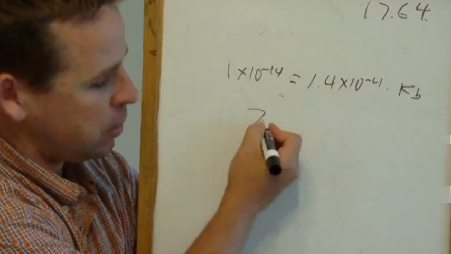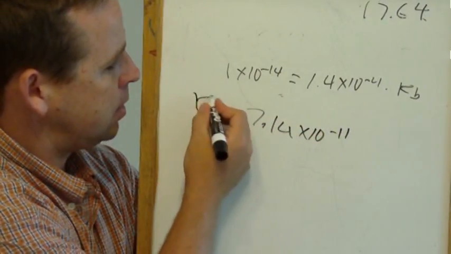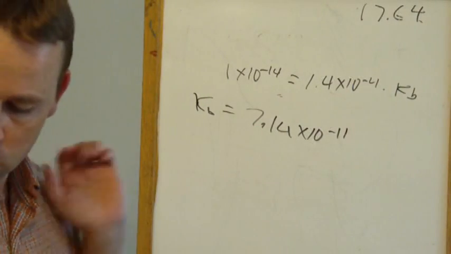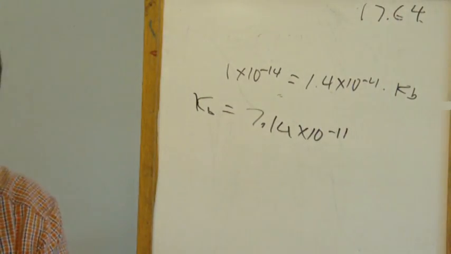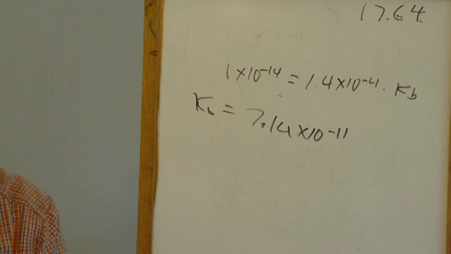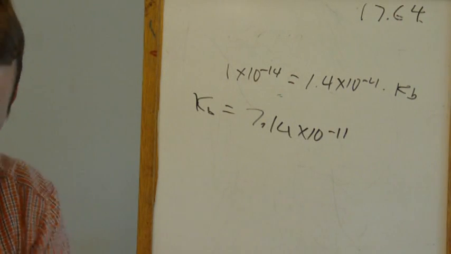So we have 7.14 times 10 to the minus 11. That's the Kb for the lactate. I don't remember them telling us the Ka for acetic acid in a recent problem, so we have to look through the book and find out what the Ka for acetic acid is.